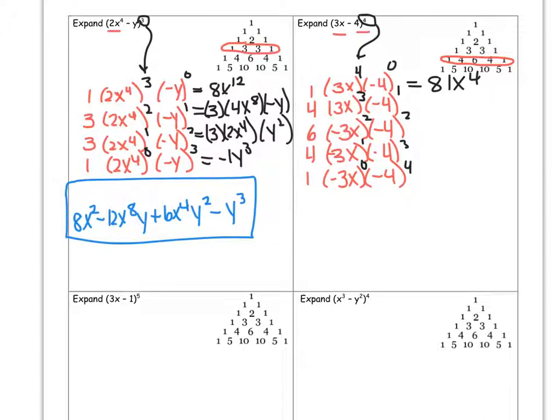Now the second one is 3 times x to the 3rd. So 3 to the 3rd is 27, and then x to the 3rd is just x to the 3rd. So we have the 4 from the beginning. Then we have 27 x to the 3rd. And then we have negative 4 to the first power, which is negative 4.